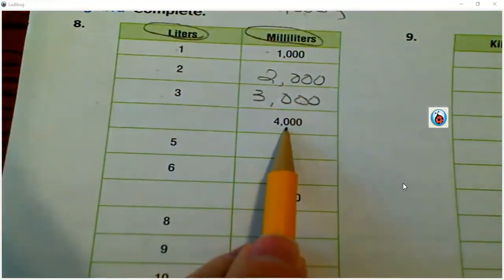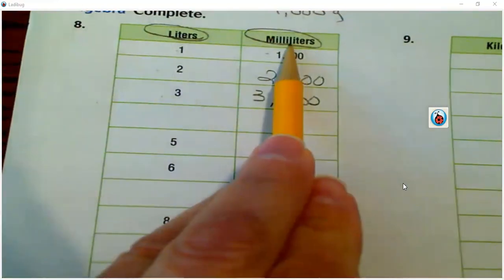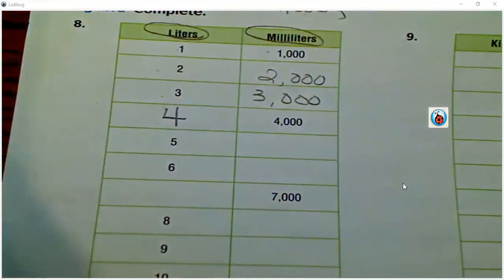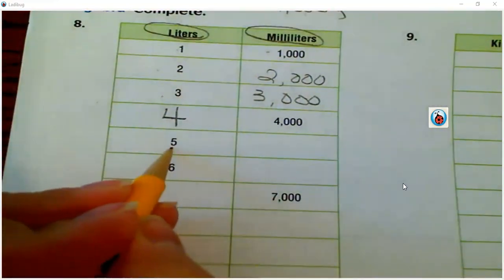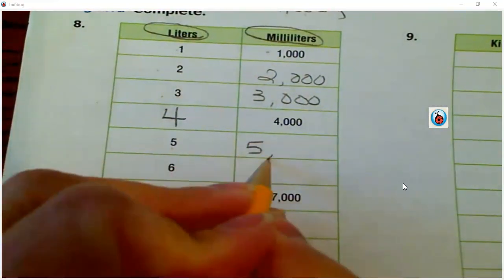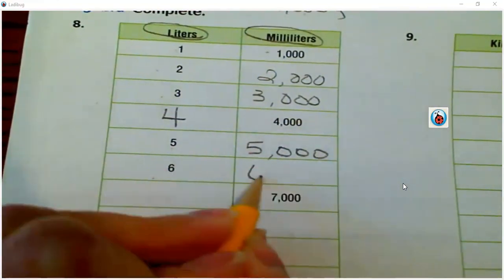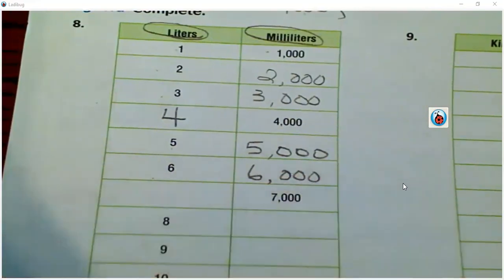Well, how about 4,000 milliliters? That's right, 4 liters. 5 liters, 5,000 milliliters. 6 liters, and you get the picture, 6,000. How about if I now have 7,000 milliliters? Well, then I would have 7 liters, and so on.